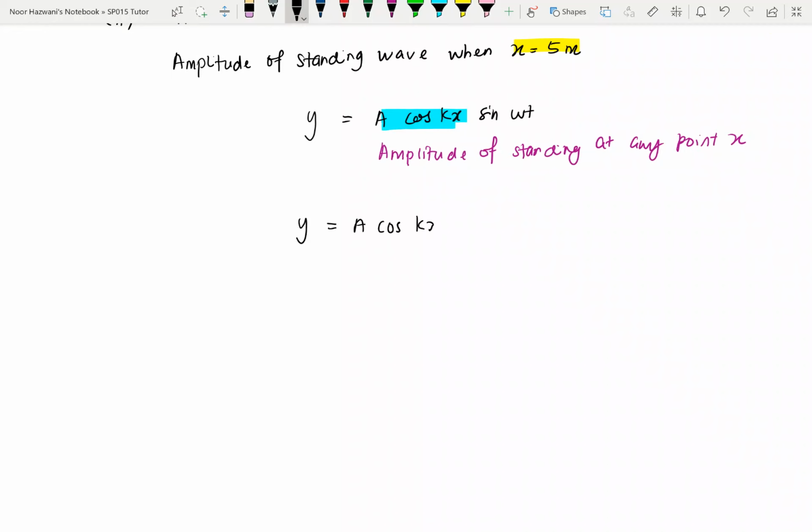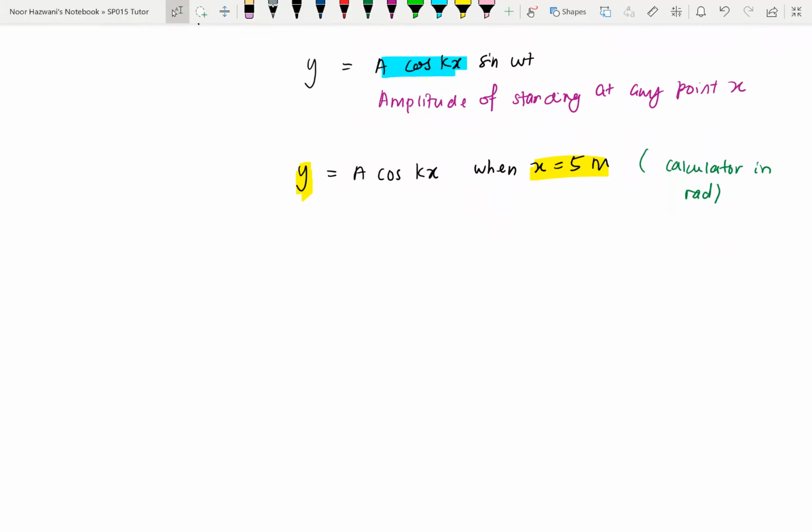So, okay, kita akan cari nilai y kita berapa bila x kita adalah 5 meter. But then, make sure you punya calculator dalam unit radian. Okay, kalau kita nak cari apa-apa nilai, sebelum ni I pernah mention, kalau you nak cari apa-apa nilai, tapi menggunakan equation trigonometry, make sure you punya calculator mesti dalam unit radian.